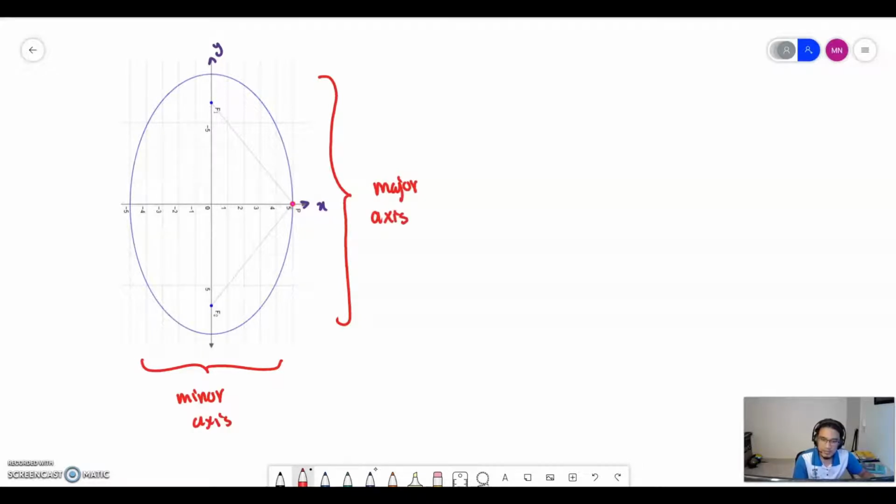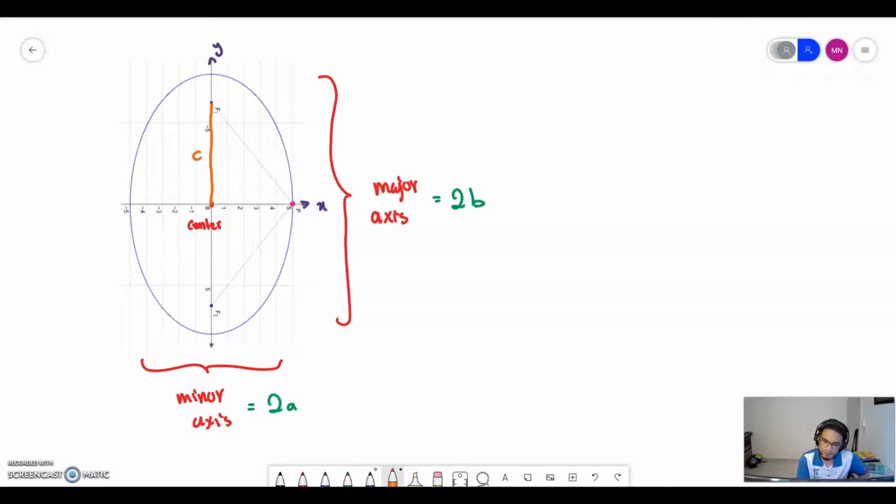Since we have a different kind of minor and major, the formula for the minor axis now will be equal to 2a, and the major axis now will be equal to 2b. So it depends on the position of the ellipse. From the center, as mentioned before, the length from the center to the focus point will be labeled as c.